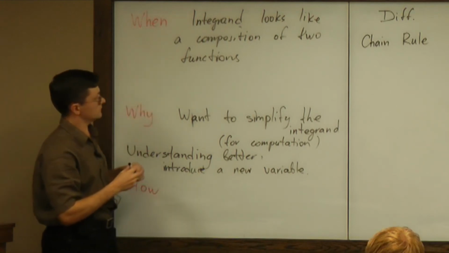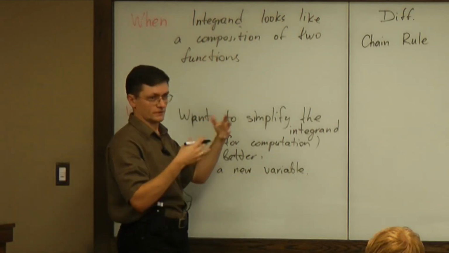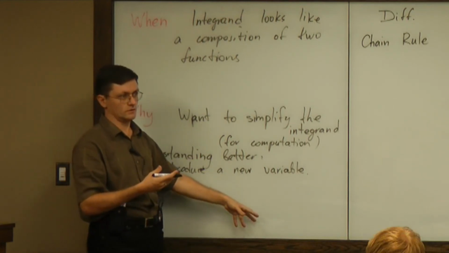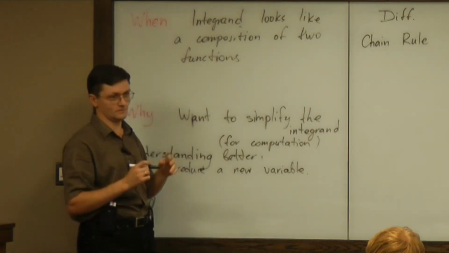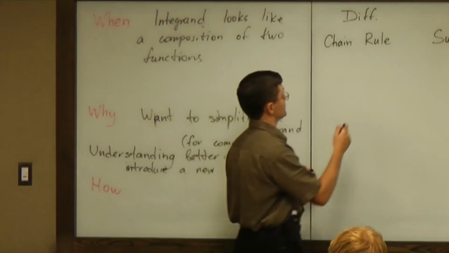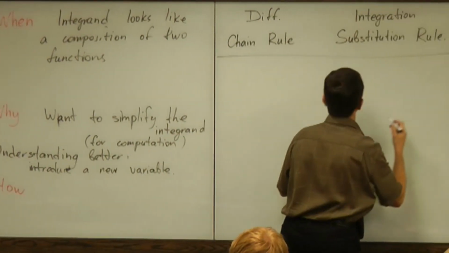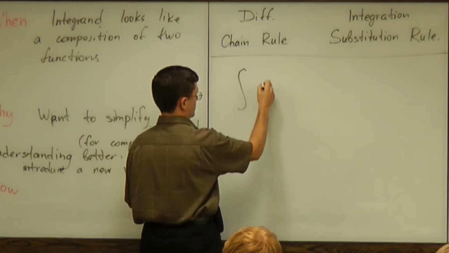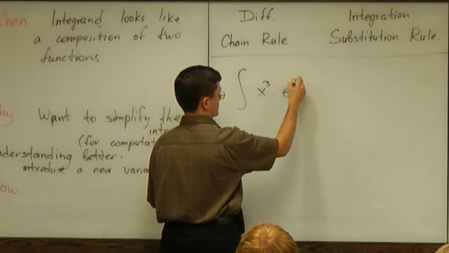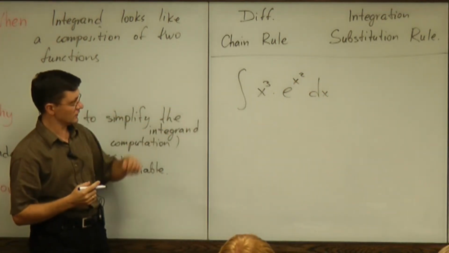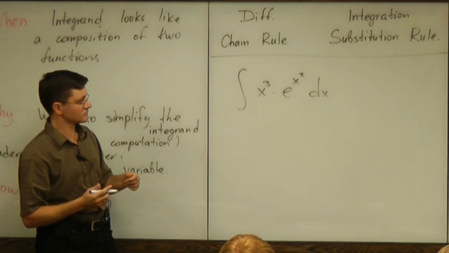And that's exactly how you decide if you want to try or not. If it doesn't look like a composition, you shouldn't try. If it does, then you should probably try and see what happens. Let's try an example: x cubed times e to the x squared dx. Just try to find the indefinite integral.